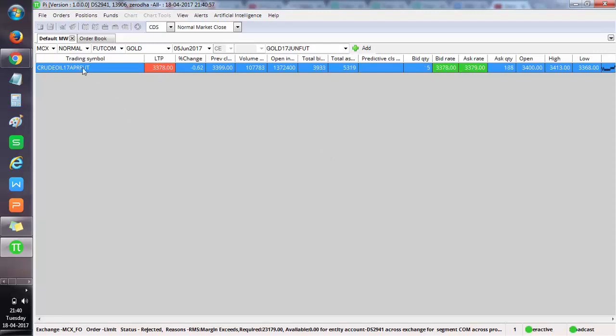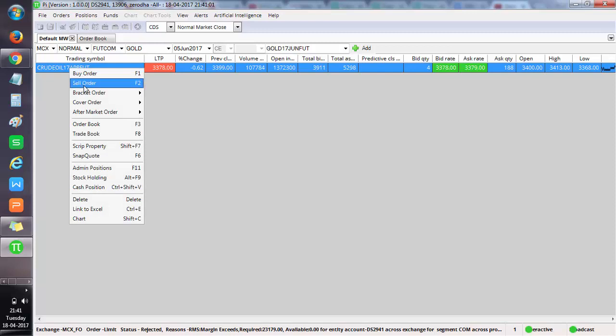What you need to do is right click on the order and click on sell order entry. You may ask why I should click on sell order entry. See, you have already bought it at around 3378. Now say you want to take a loss of a maximum of 8 rupees.